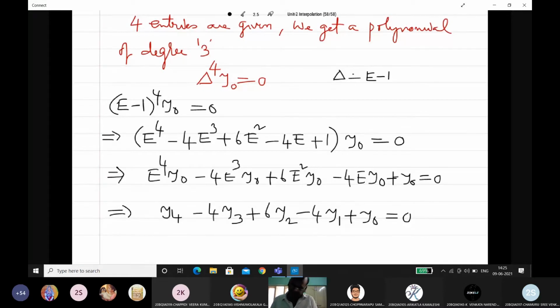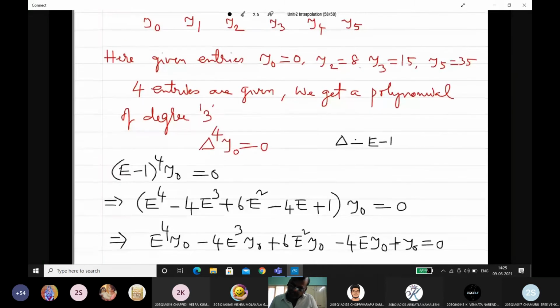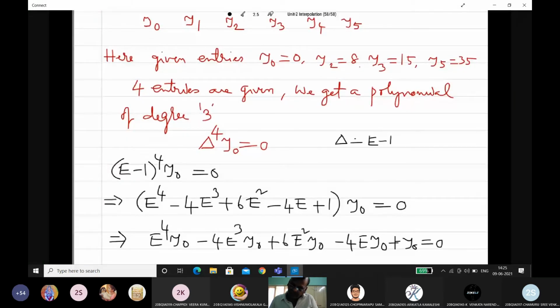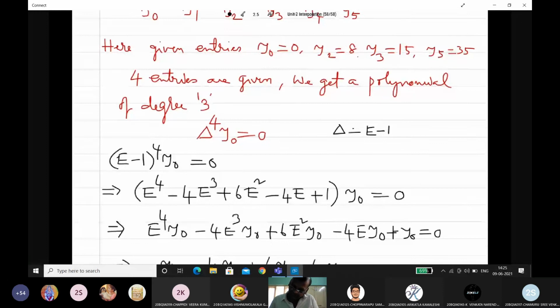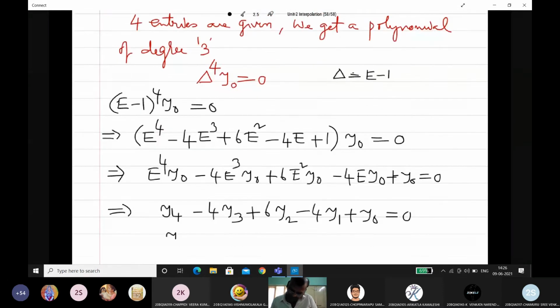Now substitute the given values in this equation. What we need to find here are y1 and y4, right? y4 is not known. So y4 minus 4 into the y3 value. What is the value of y3? 15. Plus 6 into y2. What is the value of y2? 8.